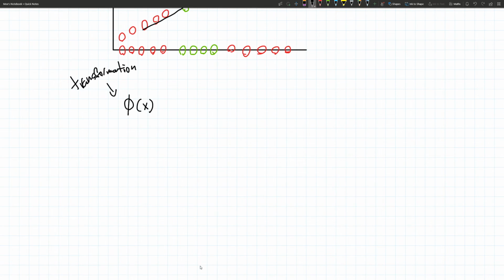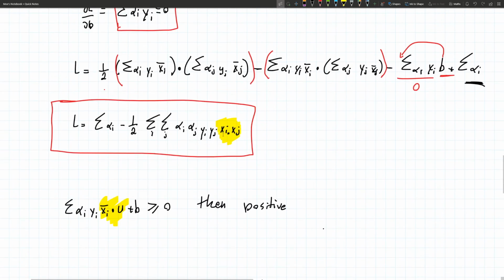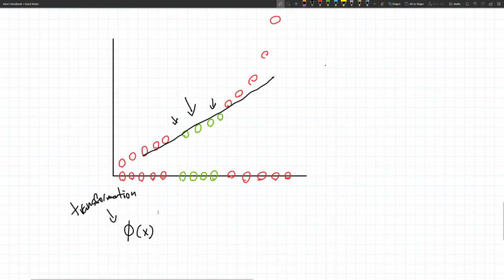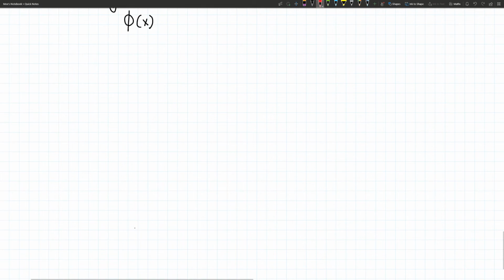So phi is the transformation that happens to the data, but most importantly, we know that the maximum of that rule depends on the dot product, which we got from here and here, right? So the transformation will be, let's say, we have phi of x i dotted with the transformation of x j.